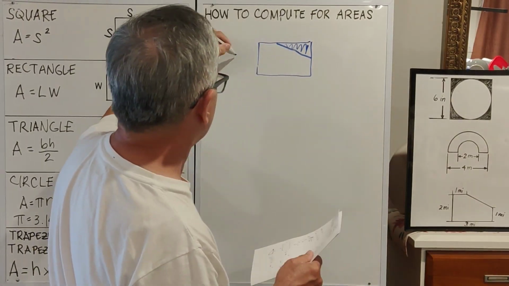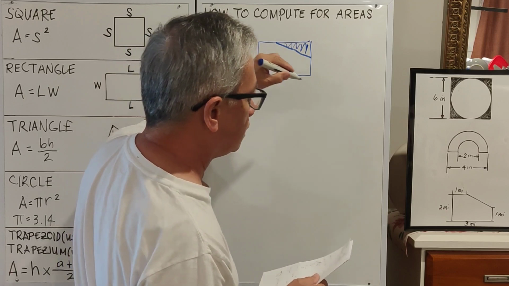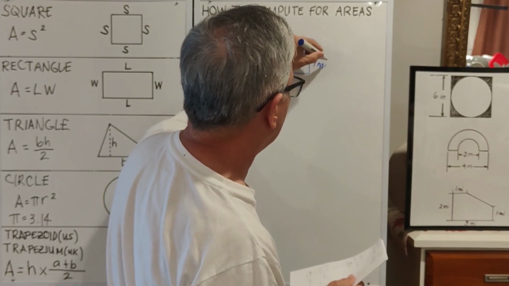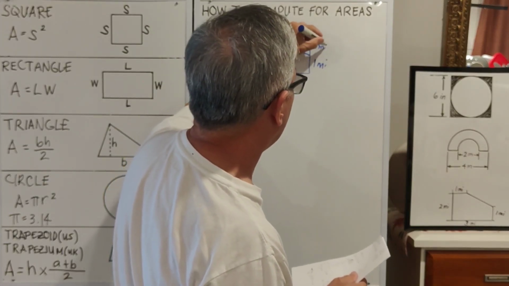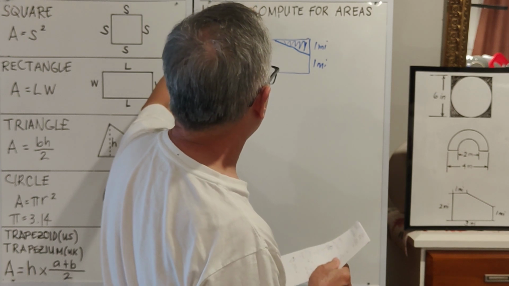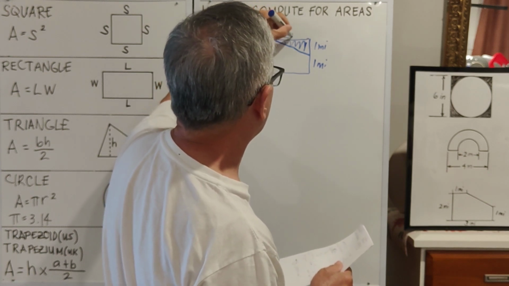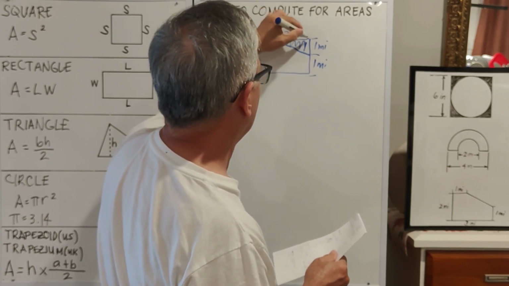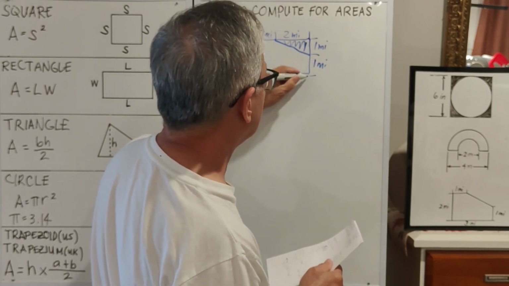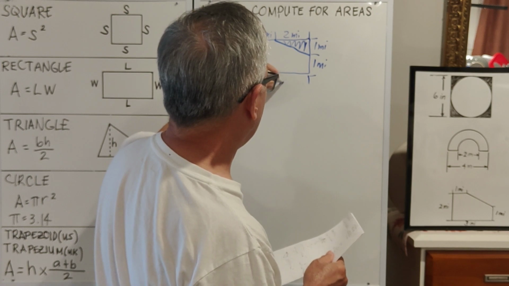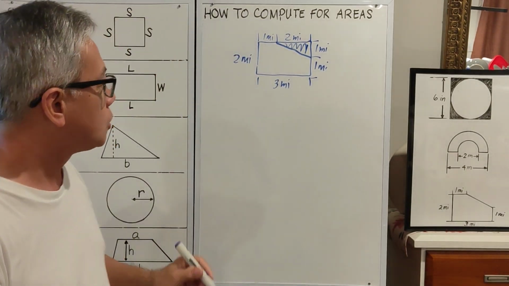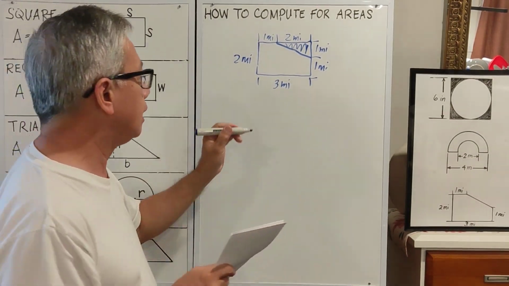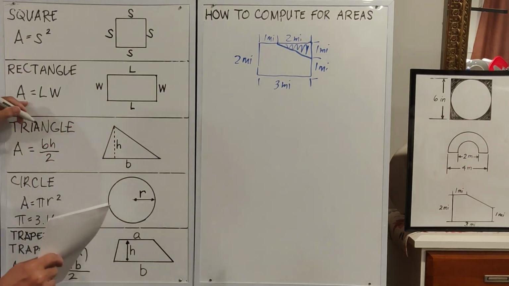So this is 2 miles. This is 1 mile. This is 1 mile. This is 2 miles. And this is 3 miles. So the area of the rectangle is length times width.